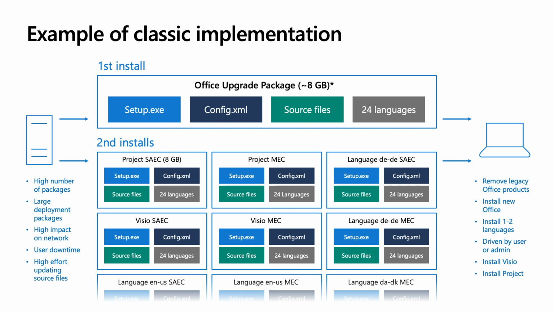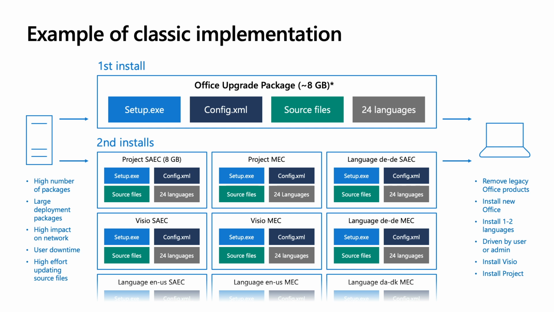So based on the install wizard, you have one deployment package which is installing Office. It's uninstalling the legacy version of Office, so that's fine. This package contains the setup engine, the setup.exe or the Office Deployment Tool, a configuration file which is telling the setup what to do, and then of course the source files for Office itself as well as for all 24 languages.